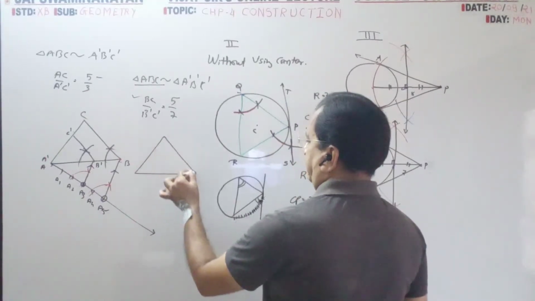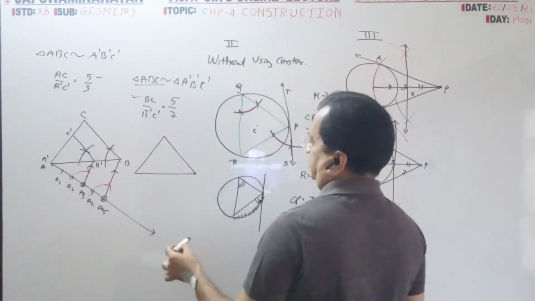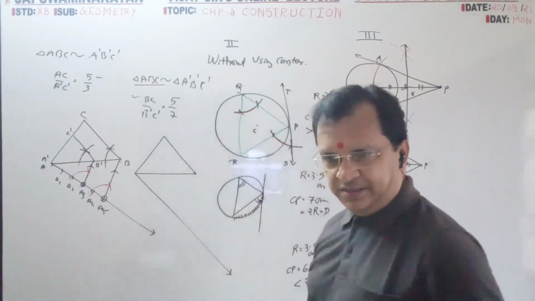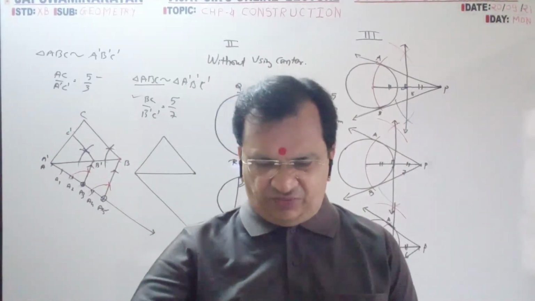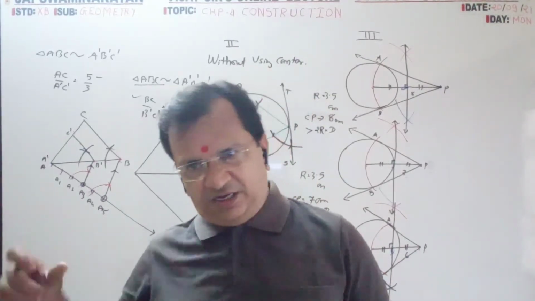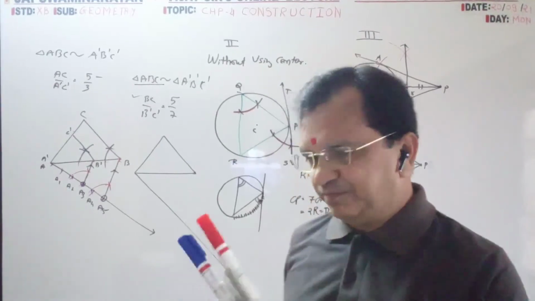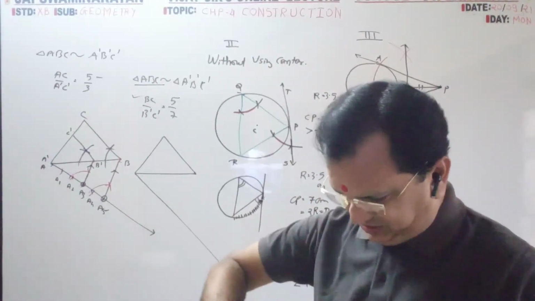Draw the triangle. Then again take a long line, around 30 to 40 degrees, from the corner to the right side bottom. Now again open this.